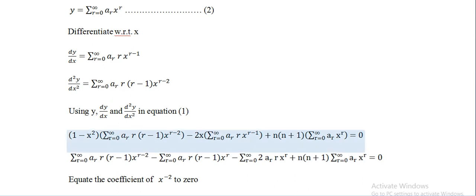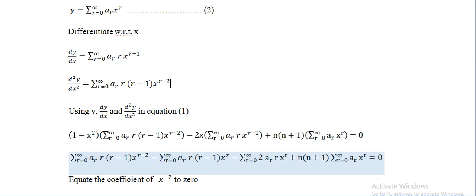Now we multiply (1 minus x squared) into the first bracket. So 1 into this whole term gives r(r minus 1) x raised to r minus 2. Then the sign is minus. Now multiply x squared into x raised to r minus 2: the powers plus 2 and minus 2 cancel out, so the remaining term is x raised to r, giving the second term r(r minus 1) x raised to r.